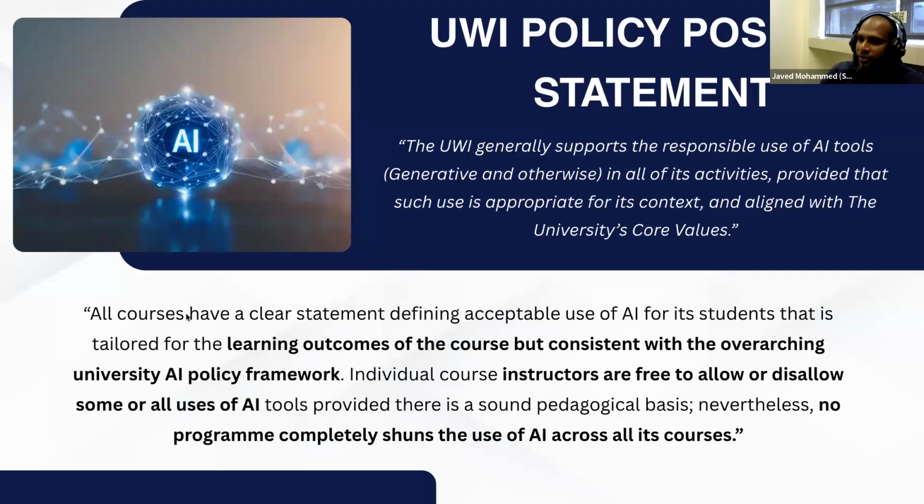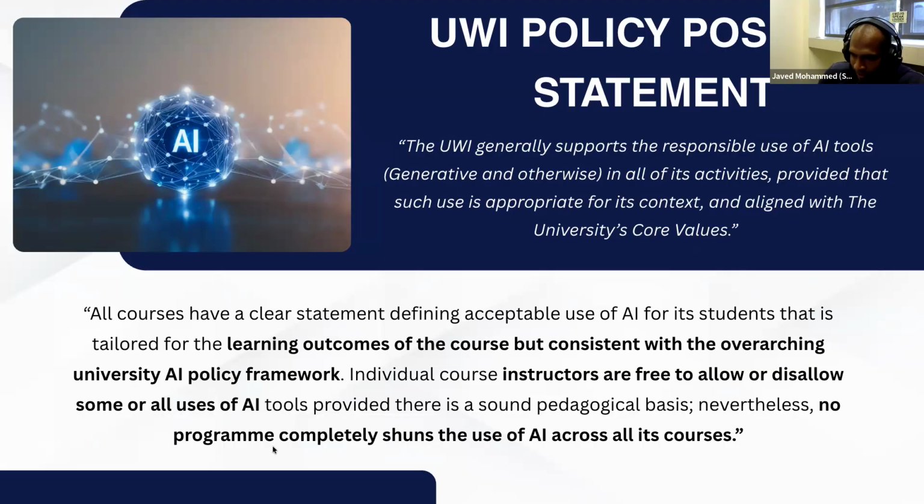And as part of the policy document, I extracted this section as it pertains to teaching and learning, where the position is that all courses should have a clear statement. So when you're designing your course, you should have a clear statement of its acceptable use of AI for your students.